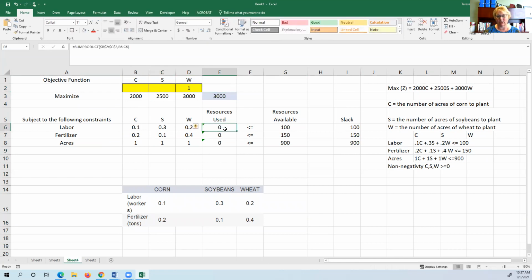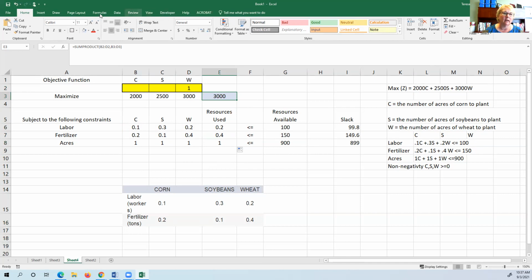Now see, this is why we do that. I didn't change these, did I? So I've got to change this to represent all of those, and this to capture all of those. And then I can copy it down. Boom, boom, boom. And so now when I do 1 acre of wheat, I see 3,000, 2/10, 4/10, and 1. Okay. So we've got everything updated.